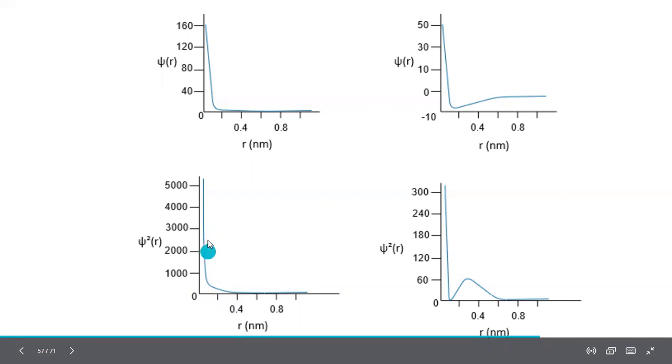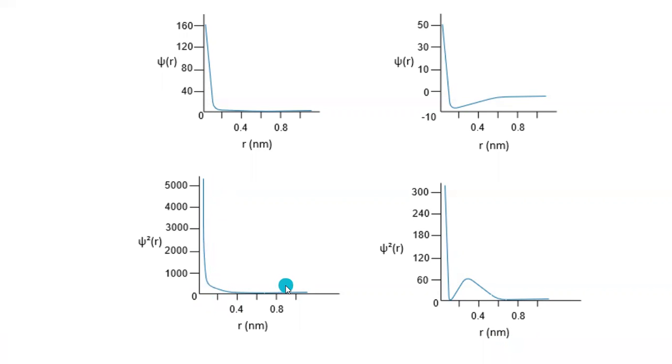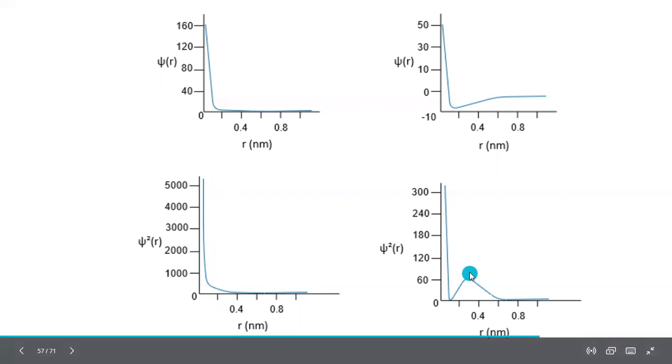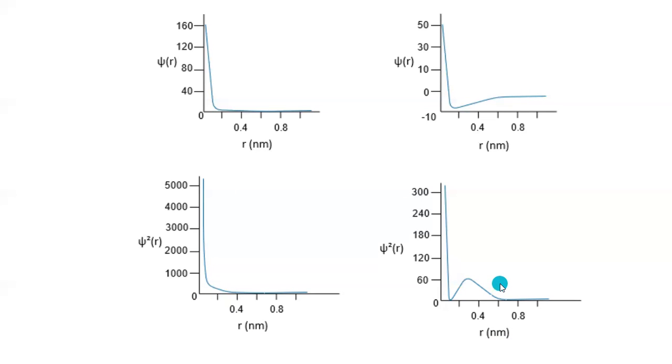So the probability is highest when it's closest to the nucleus, and it decreases with an increase in distance. On the other hand, for 2s, you have a sharp decrease, and it goes to 0 and then starts increasing again. After it reaches a small tiny maximum, it decreases again and approaches 0.